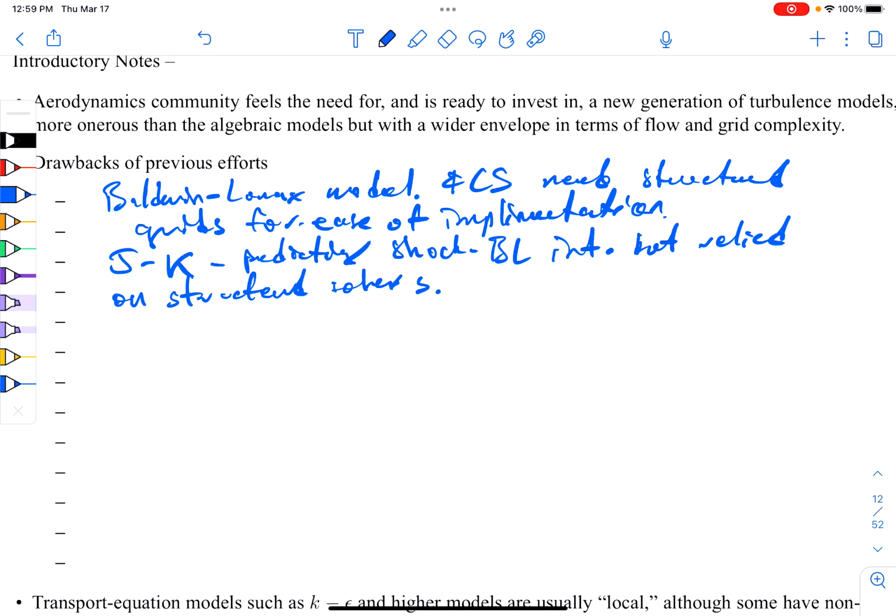And part of these issues with these codes is they were called non-local formulations, which could be good or bad depending on what you want to do, but if you have an unstructured grid, it's much harder to make a non-local formulation.